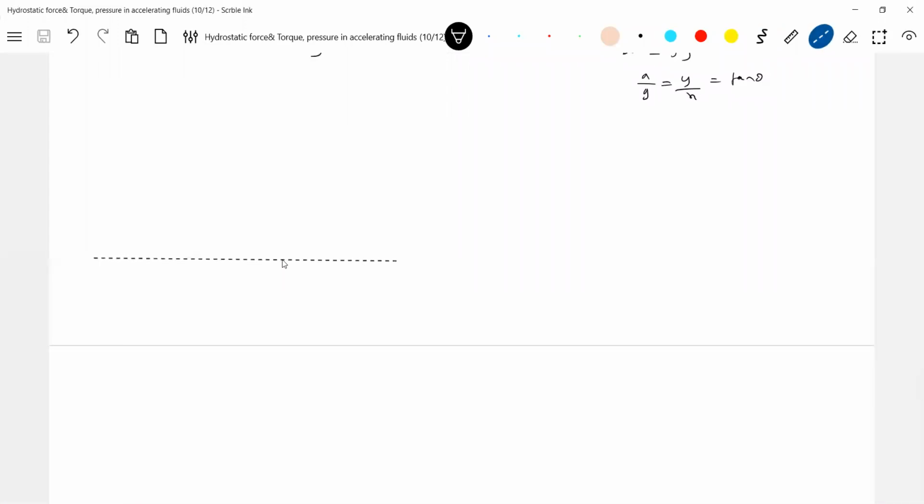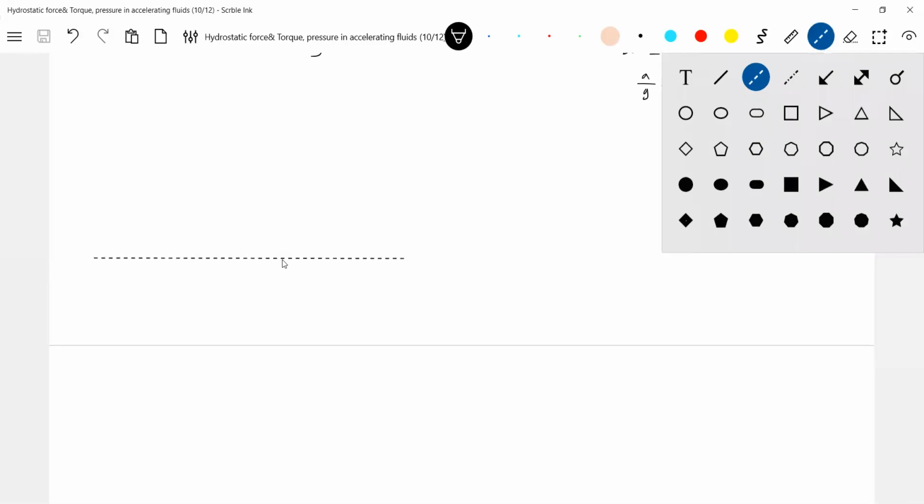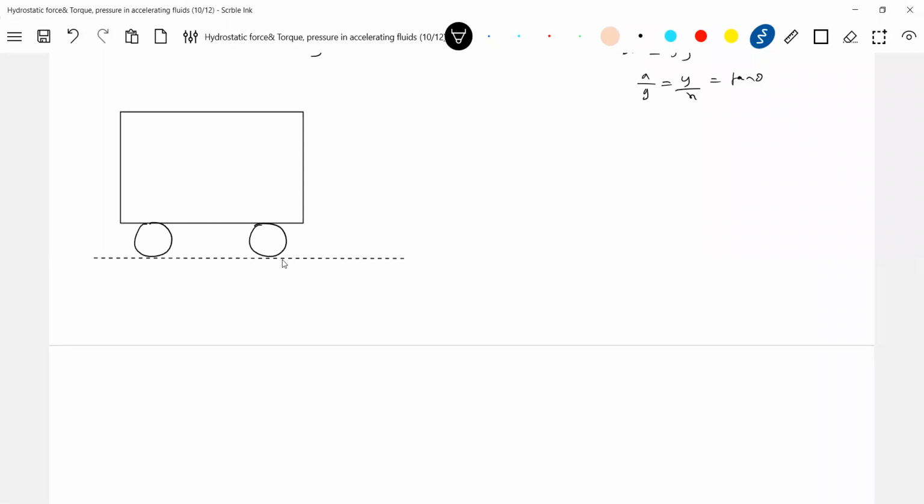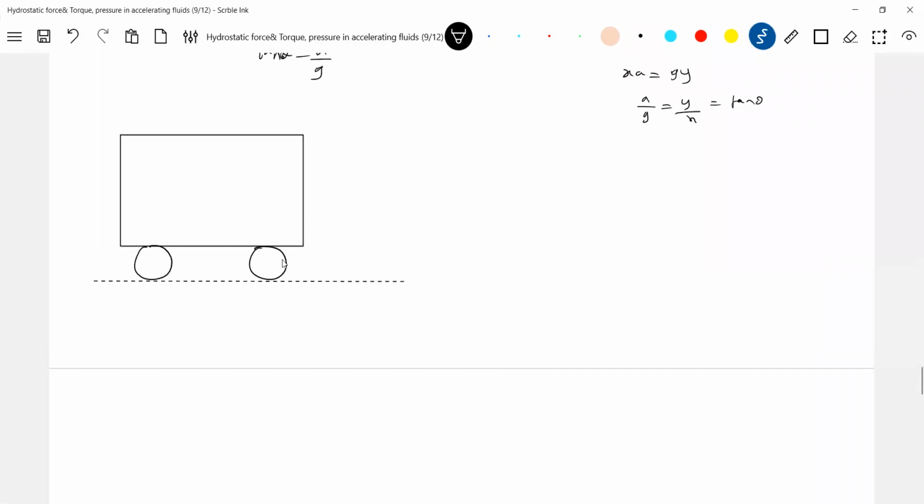Instead of this, I'll fully fill up a liquid in a container. And let us say that initially it is at rest. So then let it accelerate.